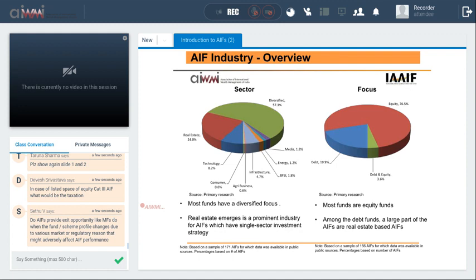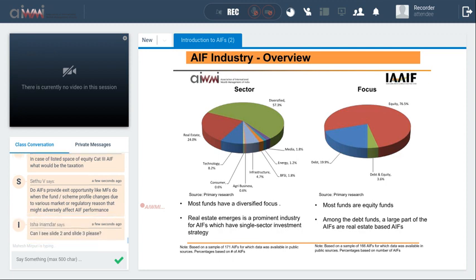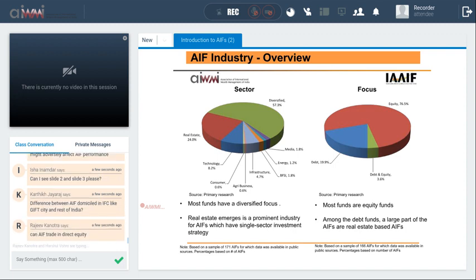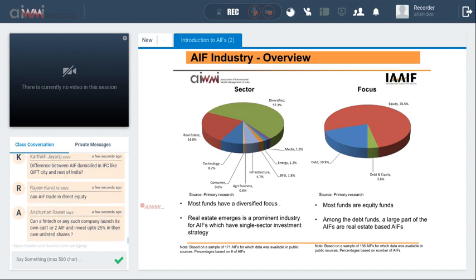So we have a comment: in case of the listed space of category 3 AIF, what would be the taxation? For short-term capital gains, we know the tax rate is 15%. For long-term capital gains, it will be 10%. The important thing to keep in mind is that for category 3 AIF, there is no taxation specified.